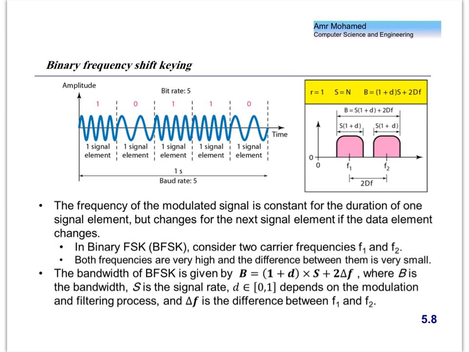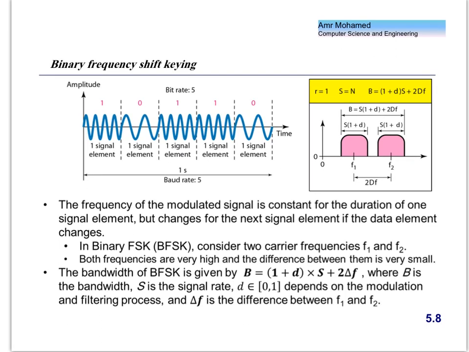So the noise attempts to vary the amplitude more than the frequency and the phase, which makes ASK more prone to noise. And FSK, when we represent the zeros and ones by changing the frequency, will make this composite signal more resistive to noise. So that was the motivation behind FSK.